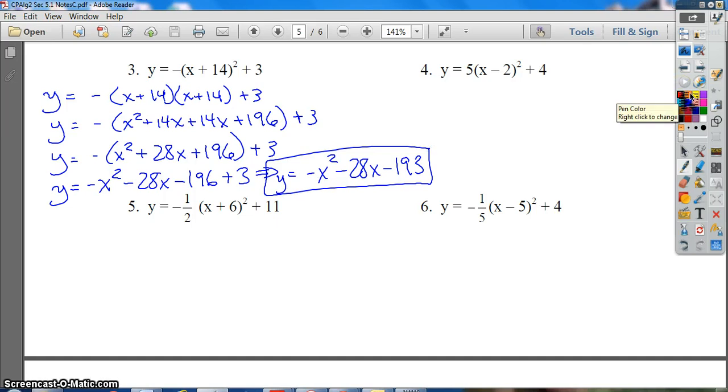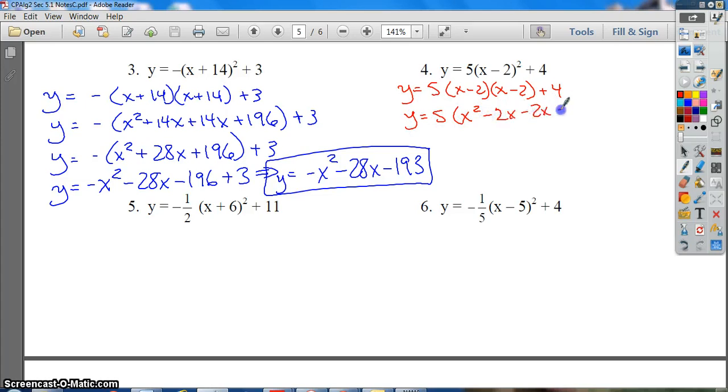Kind of the same deal up here. This one's going to take up quite a bit of space. I want to do the x minus 2 times x minus 2 first. So I'm going to do 5 times x squared minus 2x plus 4, parentheses close, plus 4. I'm going to combine like terms before I distribute that 5 in here. That's what I'm looking at.